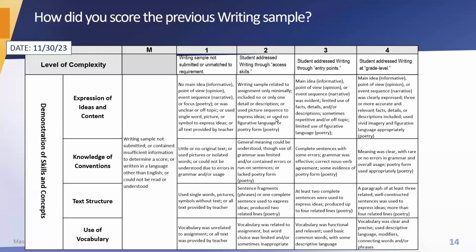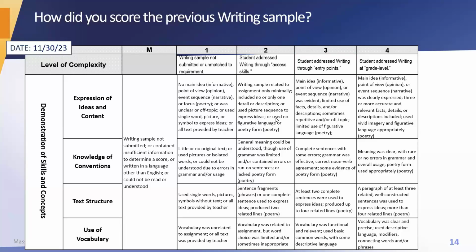That is definitely an entry point. Access skill student is not going to be answering in this way. Well, there's quite a few of you that thought it was an access skill. This is definitely an entry point. So there's still a little confusion on that. Hopefully after Laura goes, you'll understand more thoroughly what an access skill student would be working on.